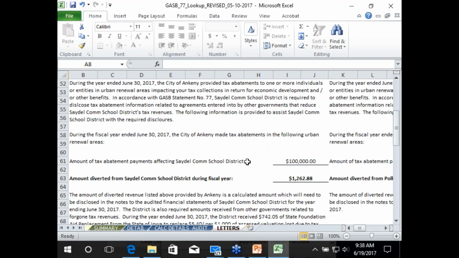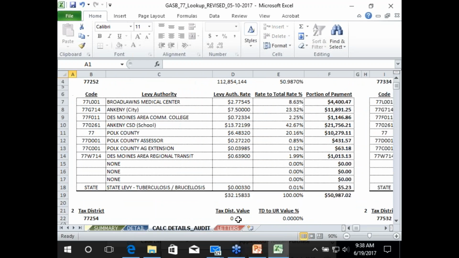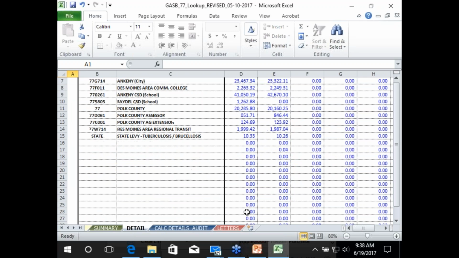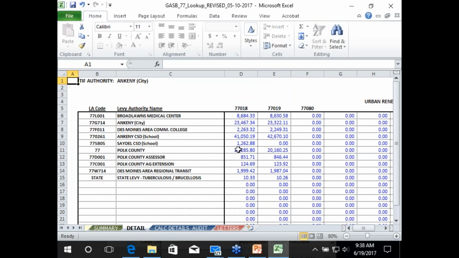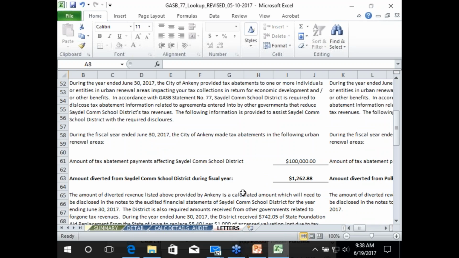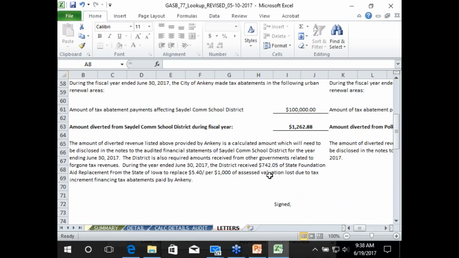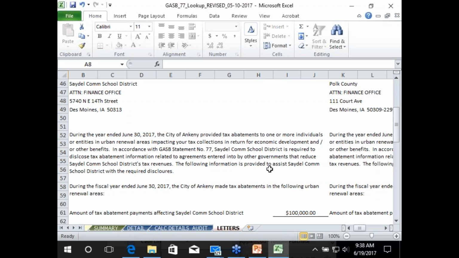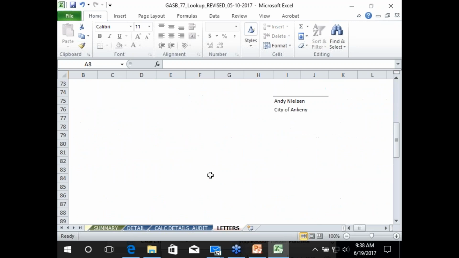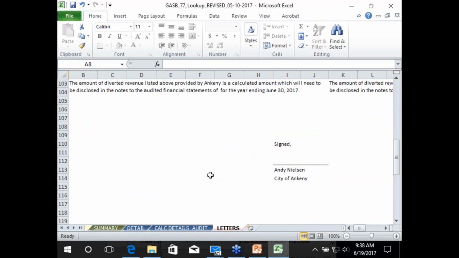So in this particular case, this is the amount that we can see from the previous detail. $100,000 of this was in a district that Sadell resided in. So that's the $100,000. And this is the $1,262 that was diverted from Sadell. And if you go down to the bottom note here, you'll see that it was backfilled $742. So you should receive a letter from each city and each county in which your district is located.